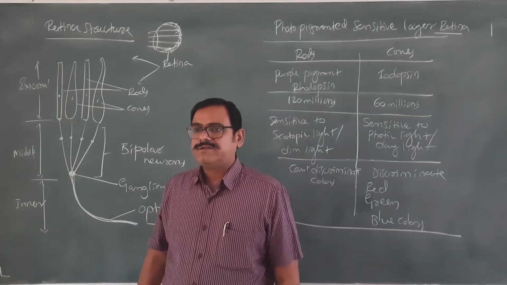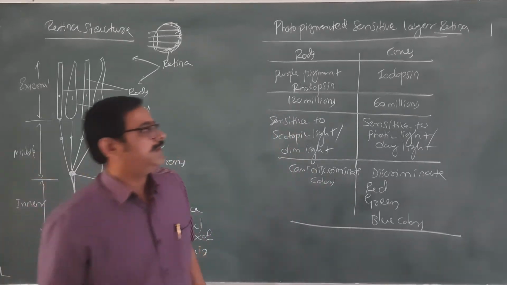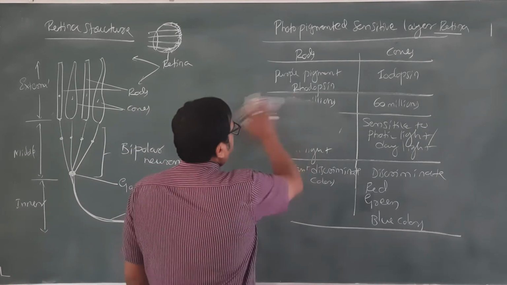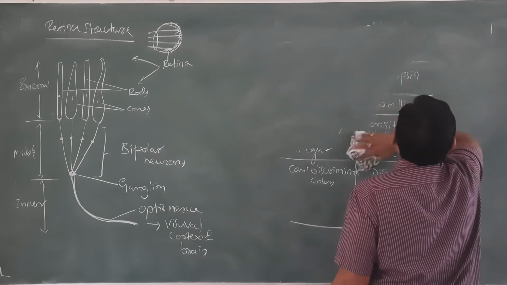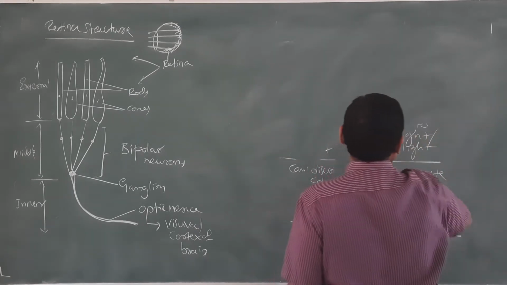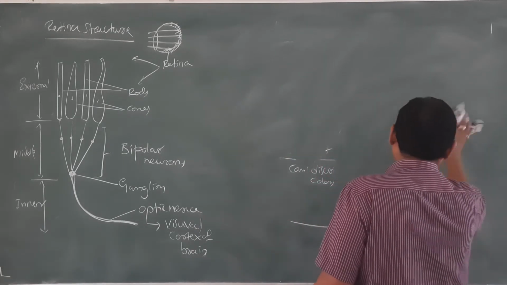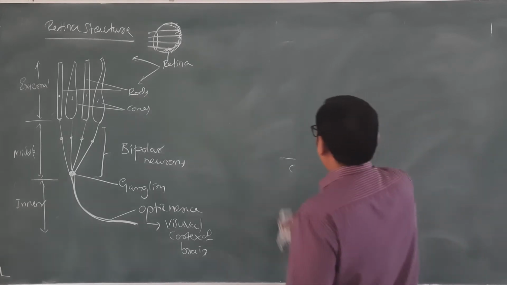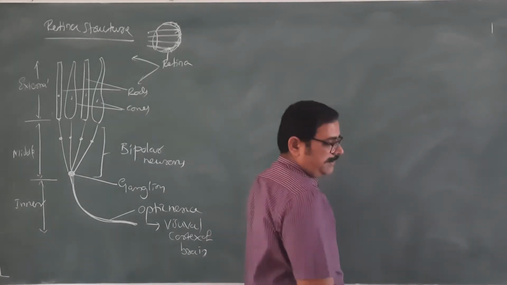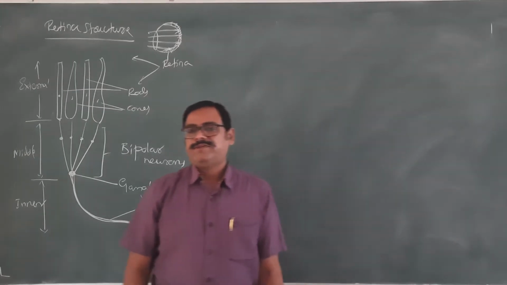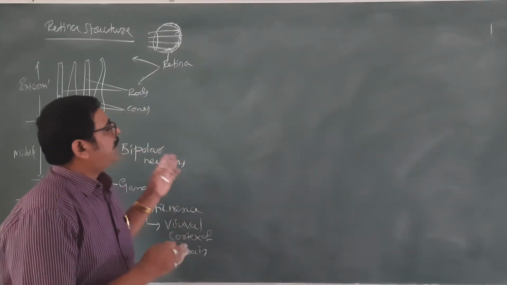Let us understand now how the retina functions and converts the light signal into impulses, and how those impulses are received by the brain.